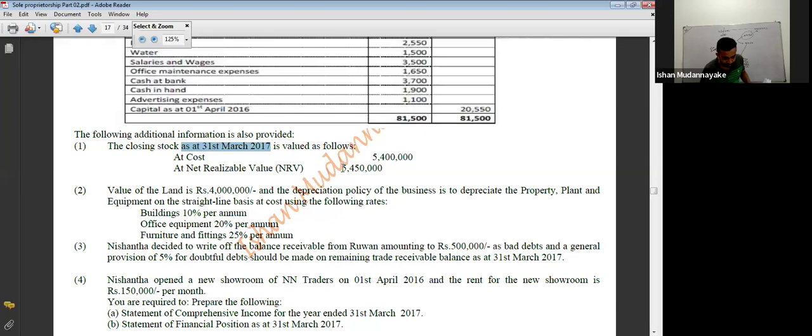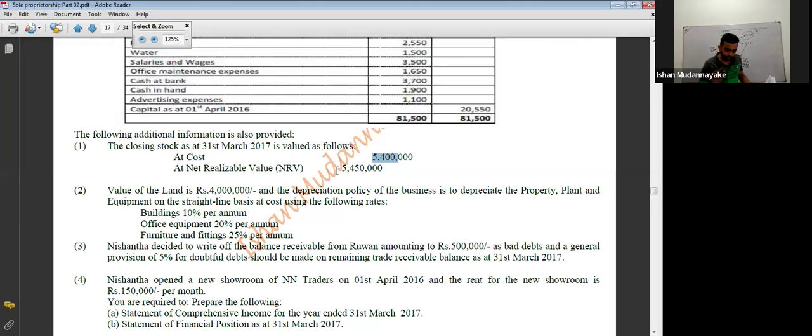Please ignore net realizable value. Tonight or Tuesday morning I will explain net realizable value. No need to worry about that. The cost is 5,400, and the selling price at the market is 5,450.